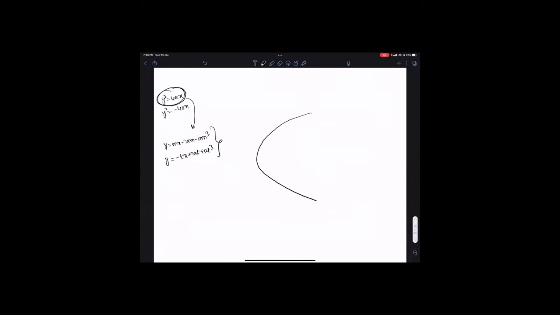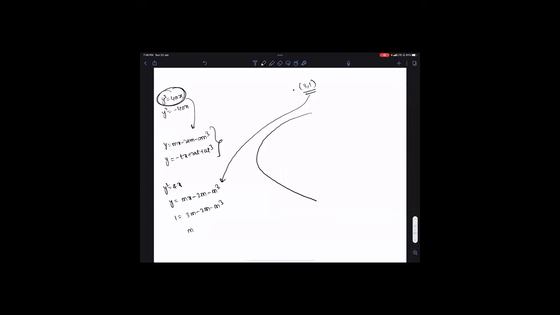Now again, from any point, let's take a random point. I will take y square equals 4x as the curve. Then the slope form equation will be y equals mx minus 2m minus m cube. Let's take the point 3 comma 1. If I substitute this point, I get 1 equals 3m minus 2m minus m cube.